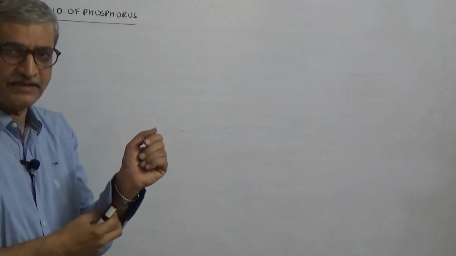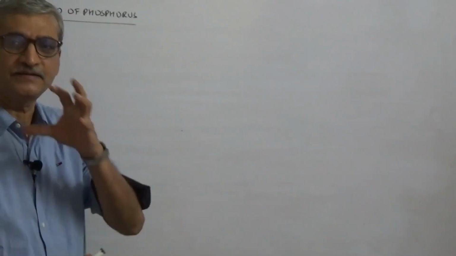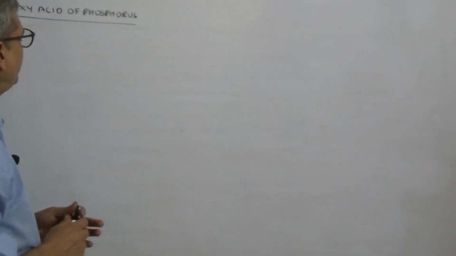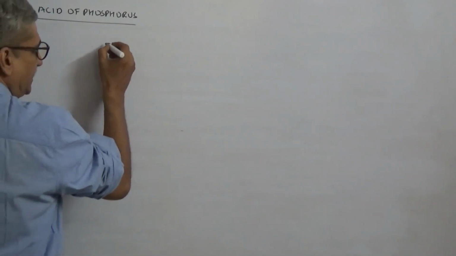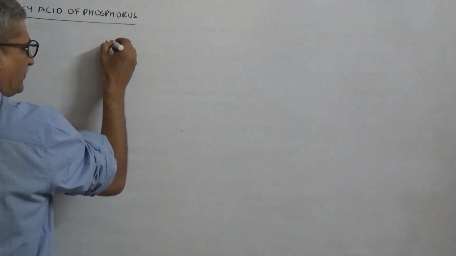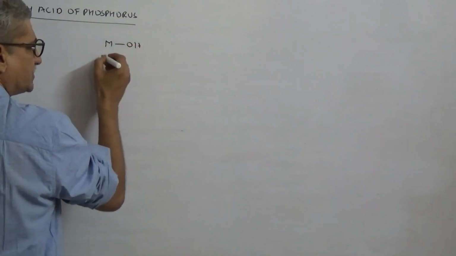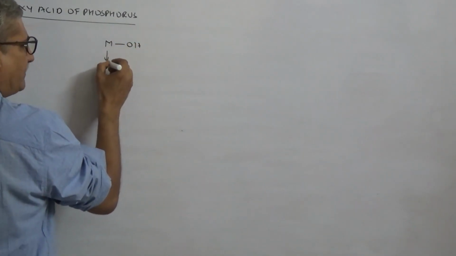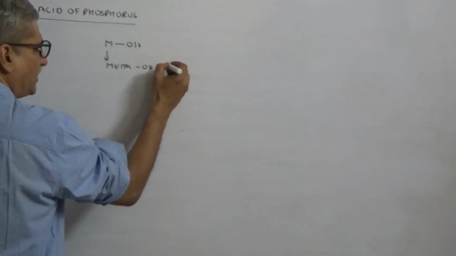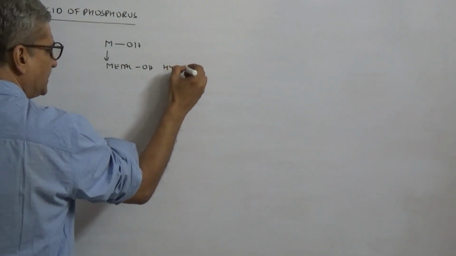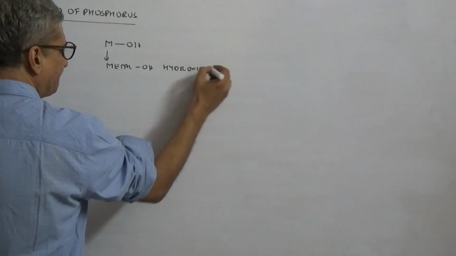We are starting with oxyacids of phosphorus. This concept will be there for the next topic also, oxyacids of sulfur. So let me first explain what you mean by oxyacid. Suppose you have a general formula MOH. If M is a metal, a metal attached to a hydroxyl group is called a hydroxide.